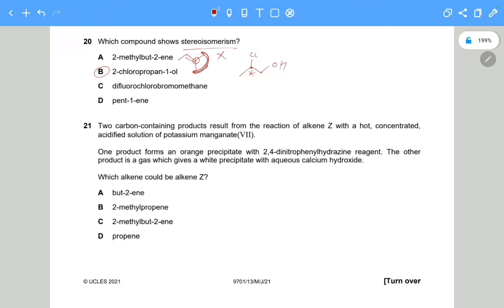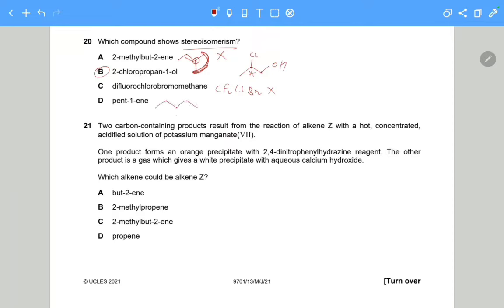Then option C, difluorochlorobromomethane. Wow, that's a mouthful. So difluorochlorobromomethane will simply be CF2ClBr, and this does not have any carbon-carbon double bonds, so no geometric isomerism, and this carbon is not a chiral center because it has 2 fluorines attached to it, so no optical isomerism, so this cannot be the answer.